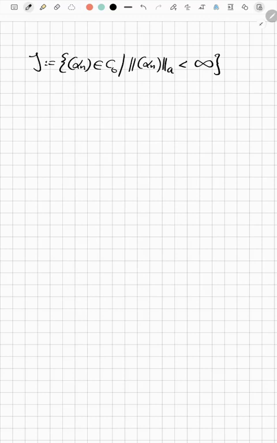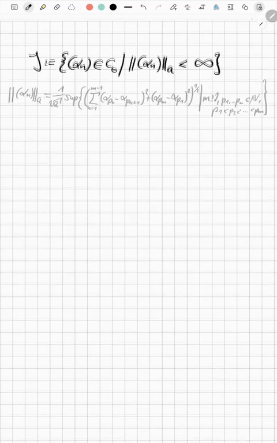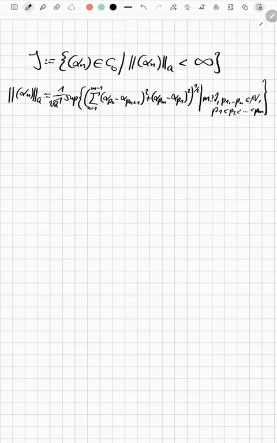And the norm looks like this. This looks horrible. However, we can make this very much more tame by decomposing this norm into its different parts. And that is exactly what we are going to do now.